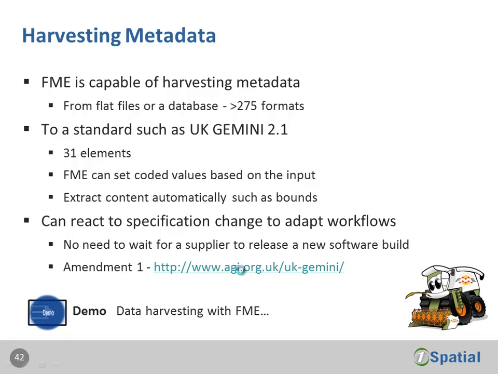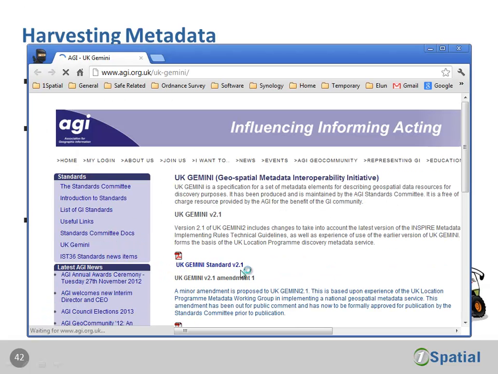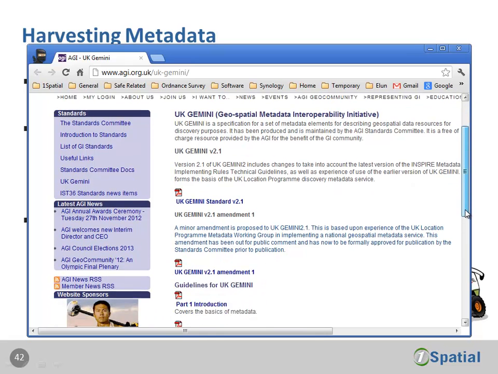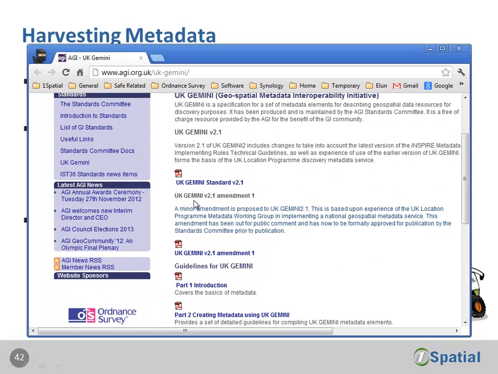The other thing to be aware of is that you can react very quickly as an organisation with FME, because if anything changes, you can just adjust your workflow yourself without having to wait for a supplier to release a new build of software.